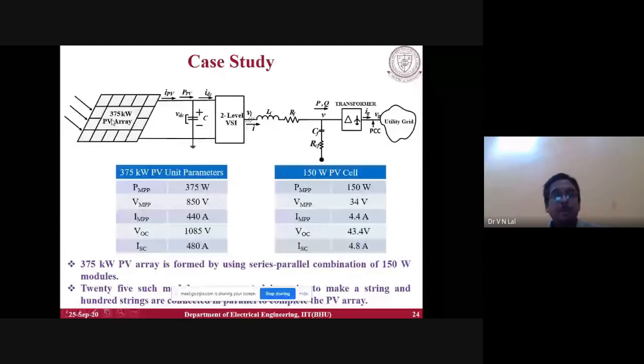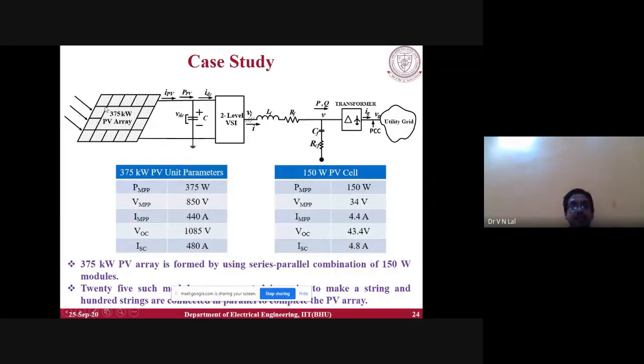This is a very high power rating of PV array. Now the parameters of this 375 kilowatt PV unit are like that. And this 375 kilowatt PV array is made by using this 150 watt PV cell.